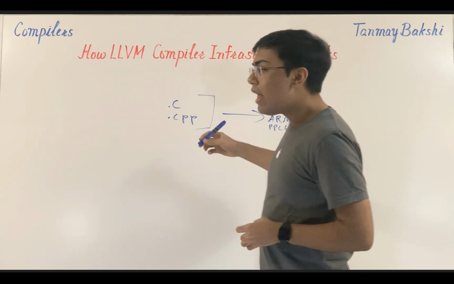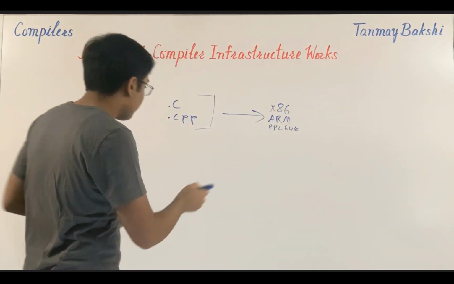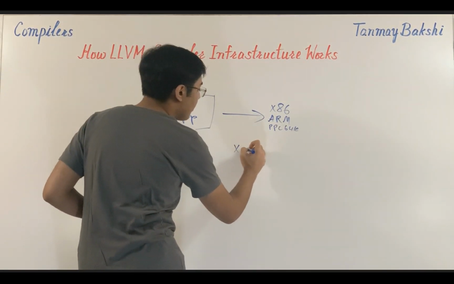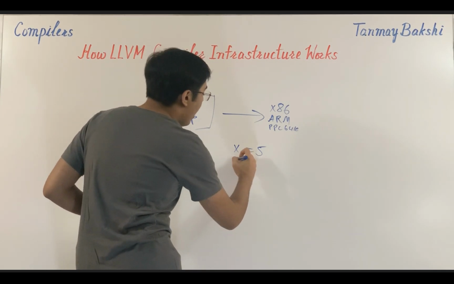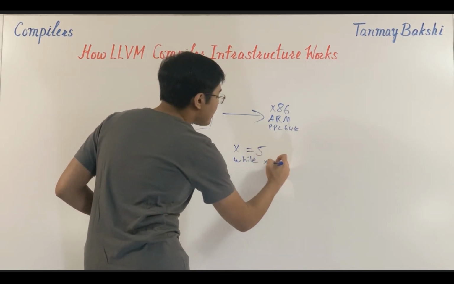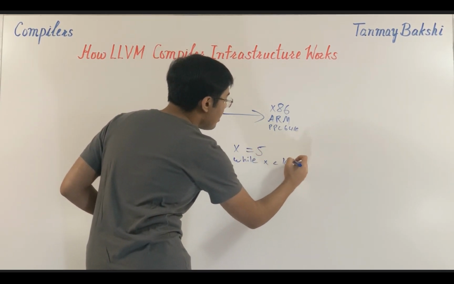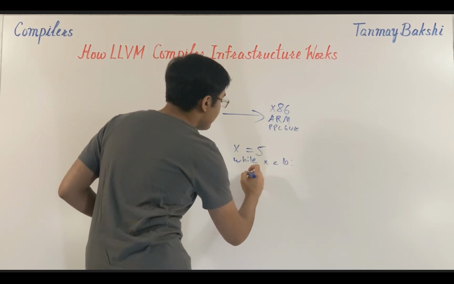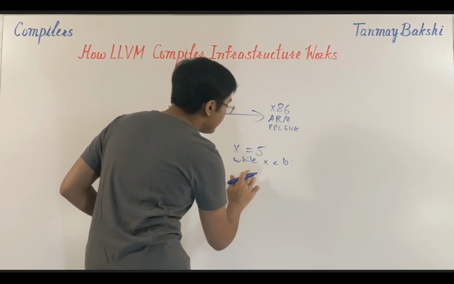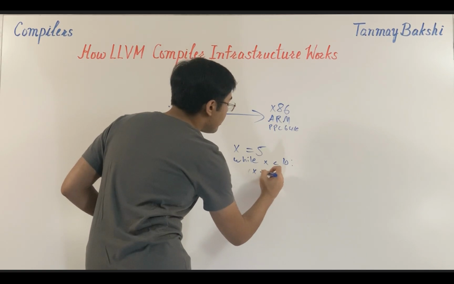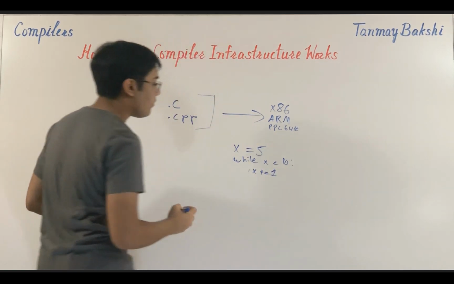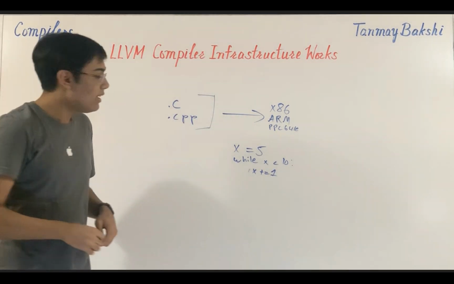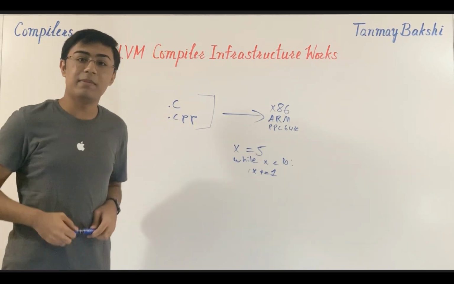Think about it like a loop where you say x is equal to 5, right? And while x is less than 10, go ahead and take x and increment it by 1. Now, really what you're doing is you're trying to say, all right, we want x to be 9.